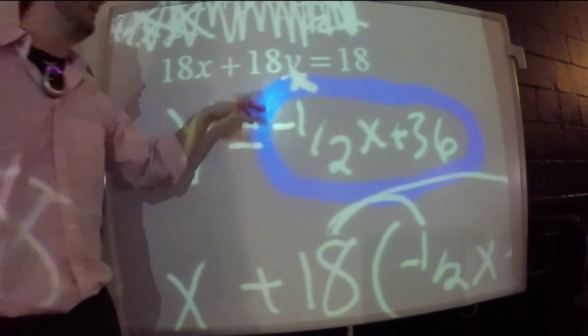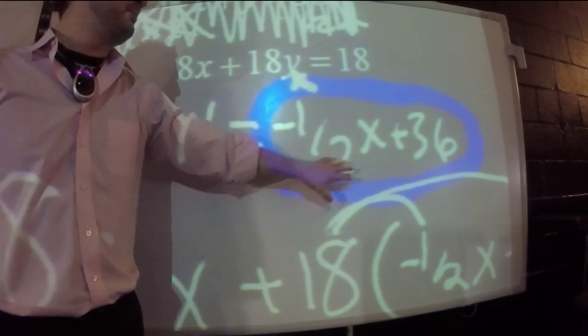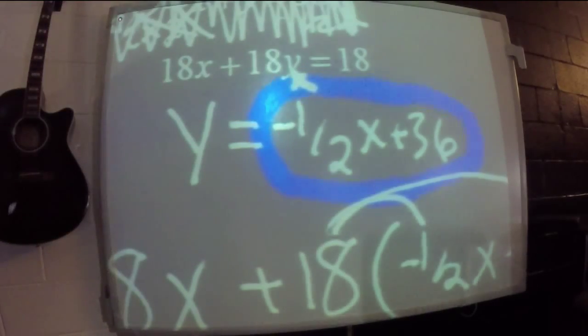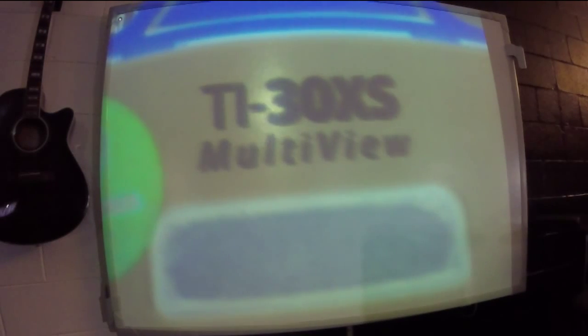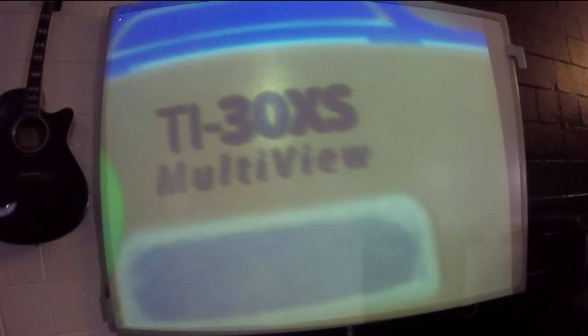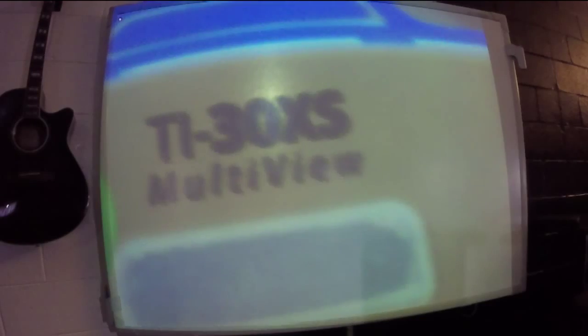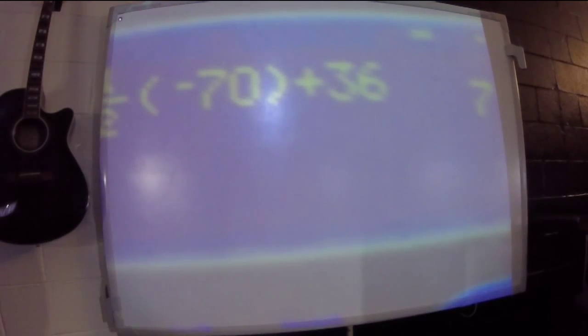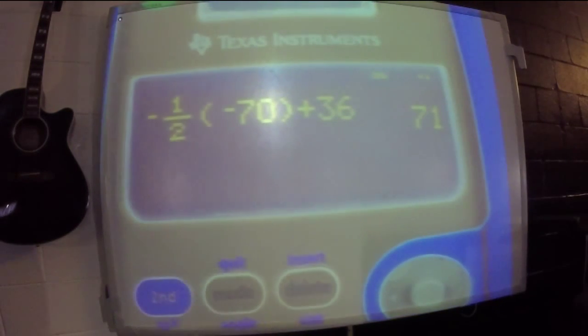You could put it in the first one, it would work, but I would put it in: negative 1/2 times negative 70 plus 36. Negative 1/2 times negative 70 plus 36, and I'm getting positive 71.